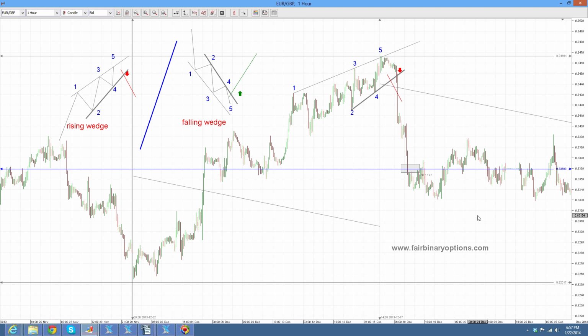The same principle is valid on a falling wedge, but there you are looking to buy call options by the time the 2 to 4 trend line is broken and retesting. Again, with the same target, 50% retracement in less than the time taken for the whole wedge to form.